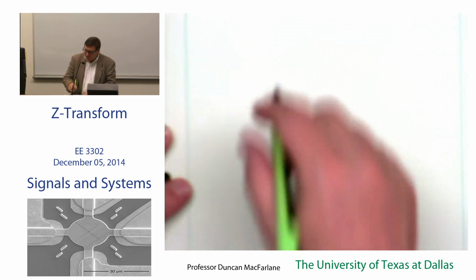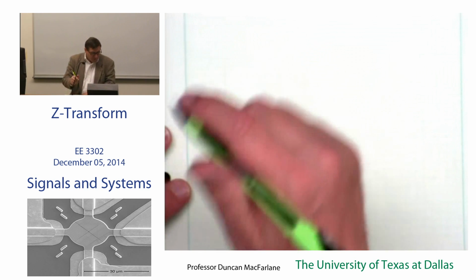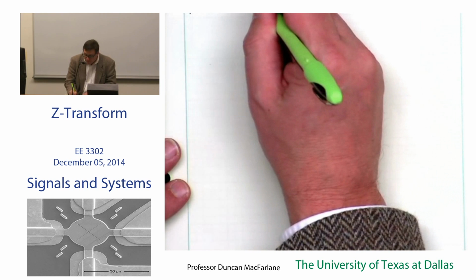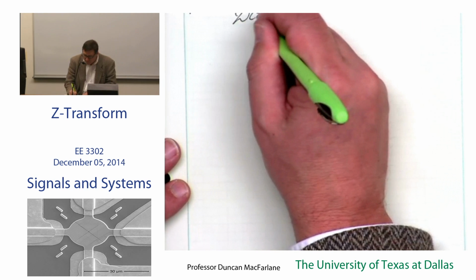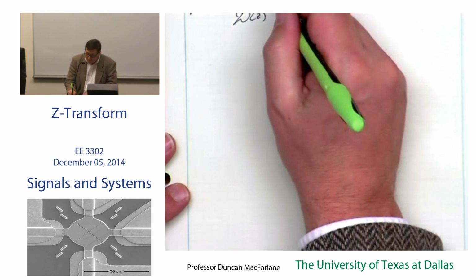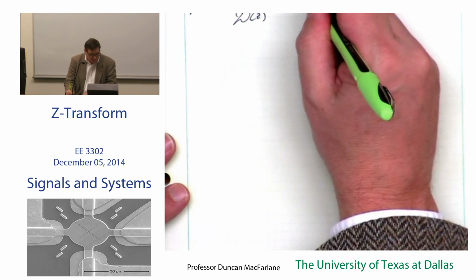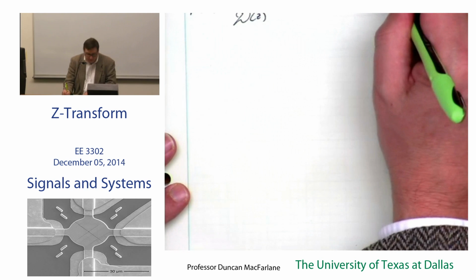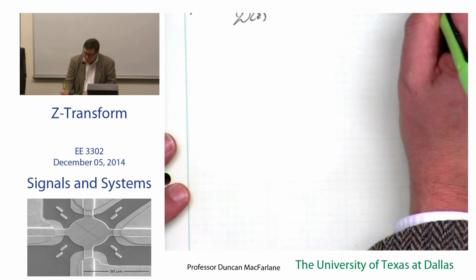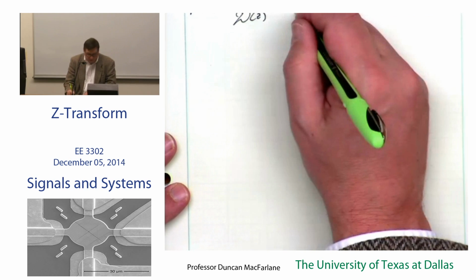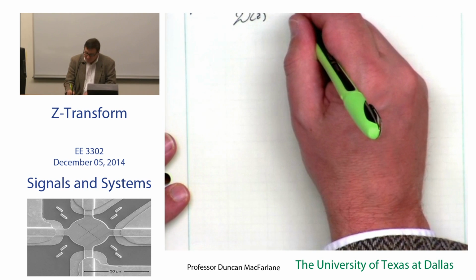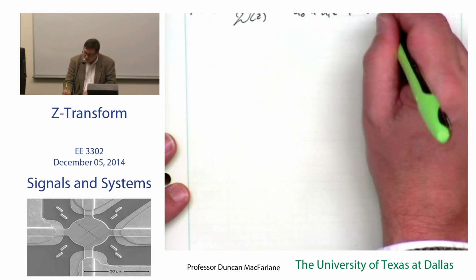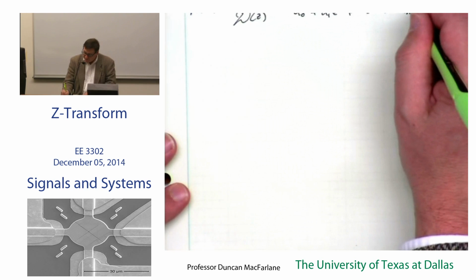So let's be a little more general than our Fibonacci example. H of Z equals the numerator of Z over the denominator of Z: B0 plus B1 Z to the minus 1 plus ... Bm Z to the minus m, divided by the denominator, A0 plus A1 Z to the minus 1 plus all the way out to AN Z to the minus n.